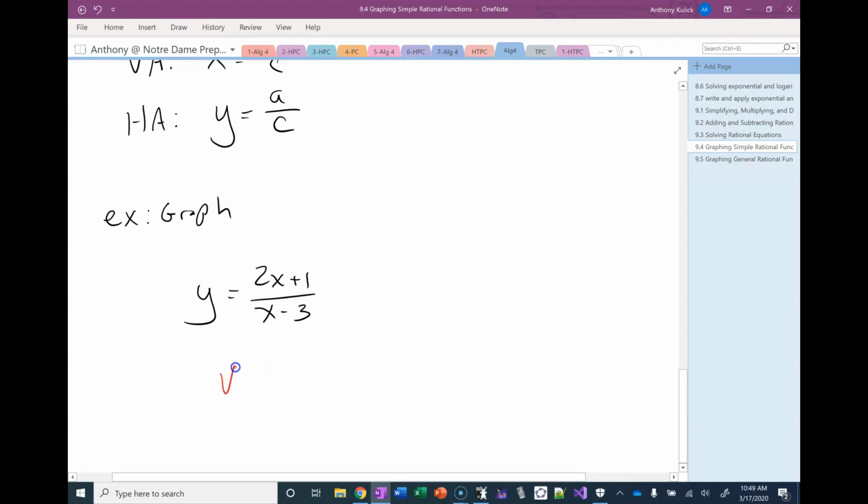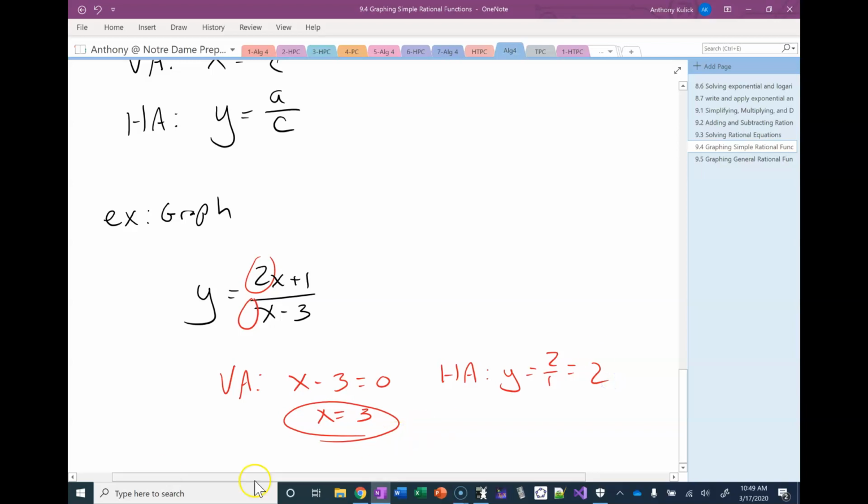So, to get the vertical asymptote, I'll just set the denominator equal to 0 and solve. And to get the horizontal asymptote, I'll do leading coefficient over leading coefficient. So there's my horizontal asymptote.